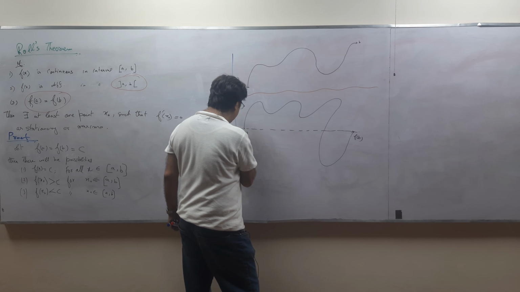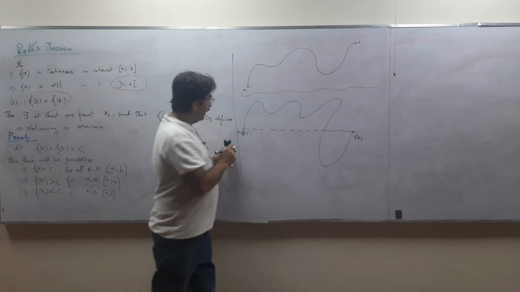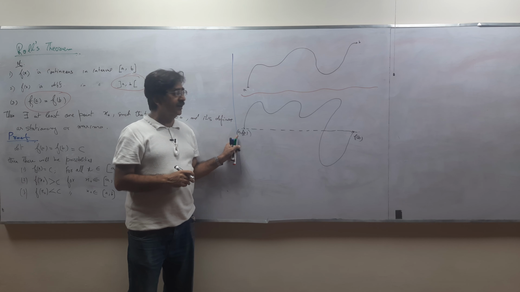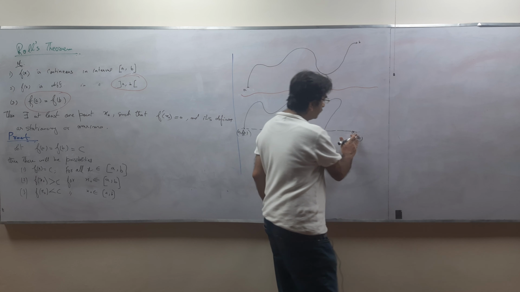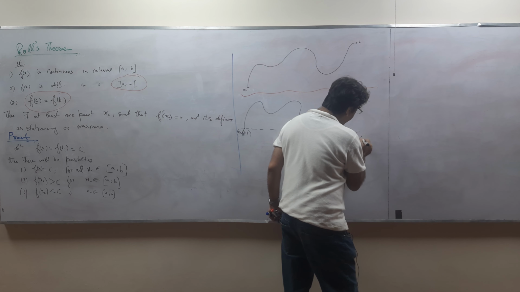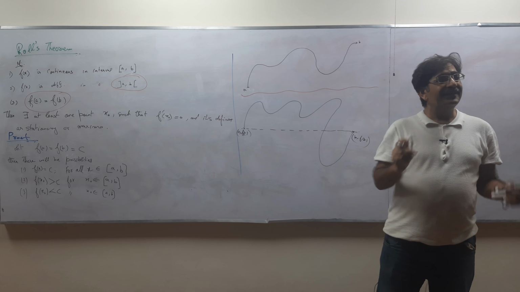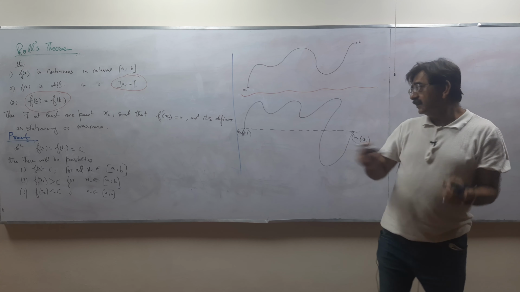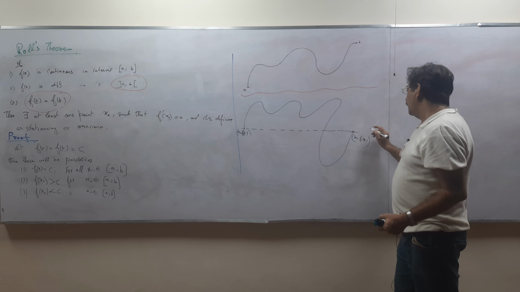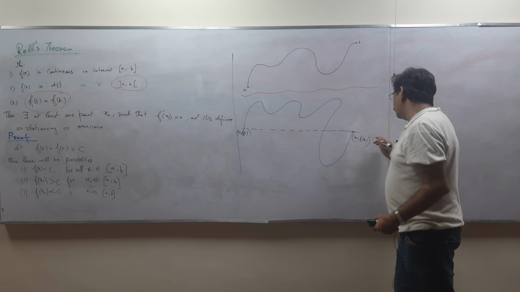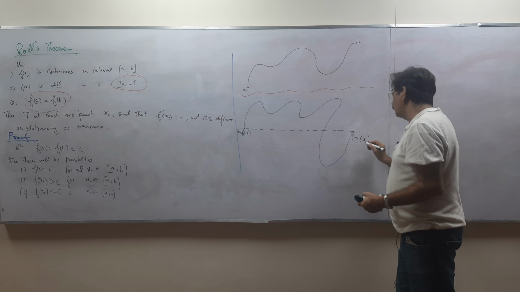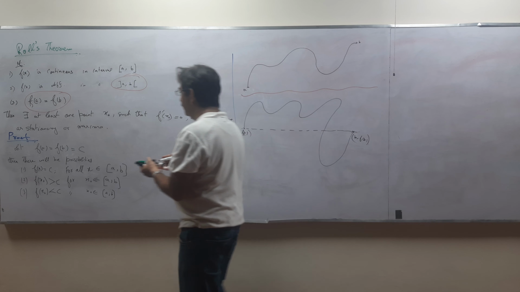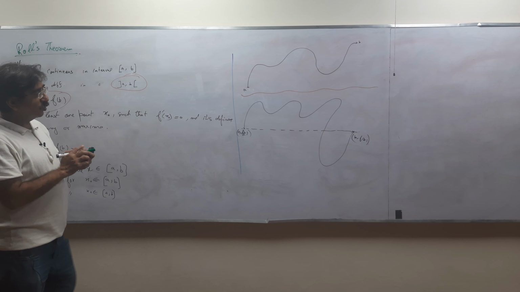if A and B, I have already used this symbol in the definition of function. A means domain, that at point A and point B, they have the same value. That's why both have the same value. Let's suppose that is equal to c, at both ends the value is c, okay?